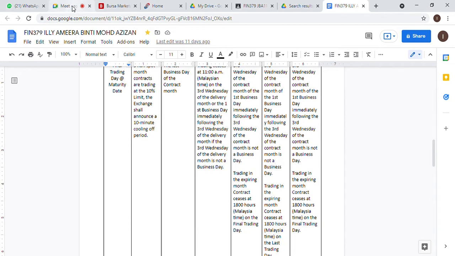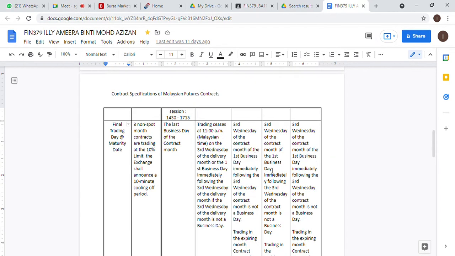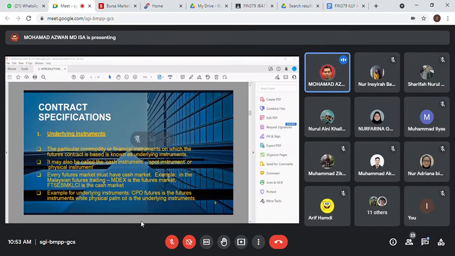If the third Wednesday is a holiday or non-business day, the maturity date for December contract will be the day after. The day after. Kan? Tak. Provided the day after is also business day.